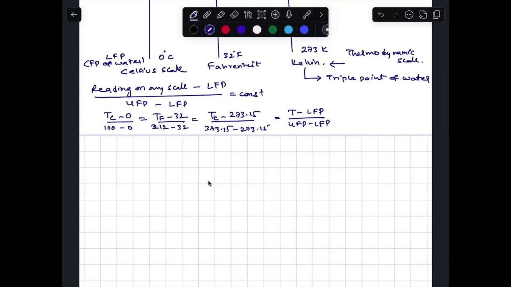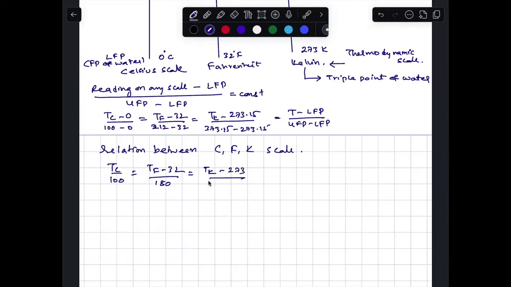So in general, the relation between these three scales, Celsius, Fahrenheit and Kelvin, is decided as Tc by 100 is equal to Tf minus 32 by 180 is equal to T Kelvin minus 273.15 by 100.